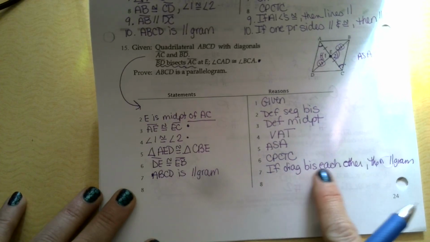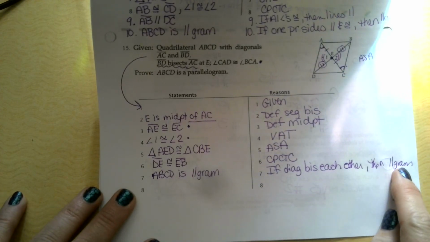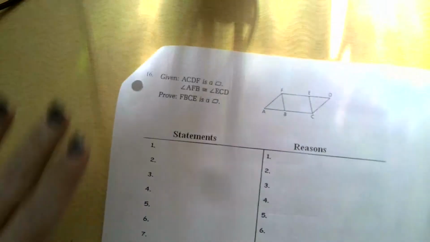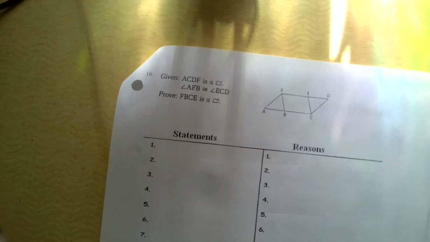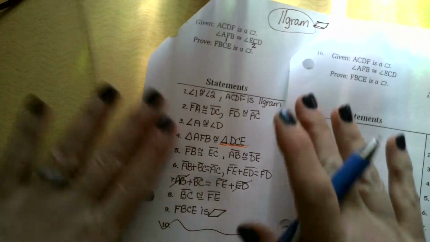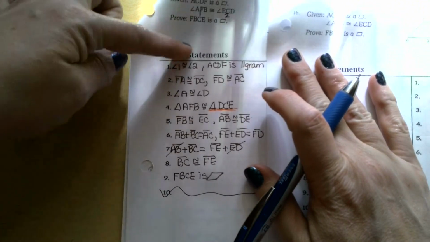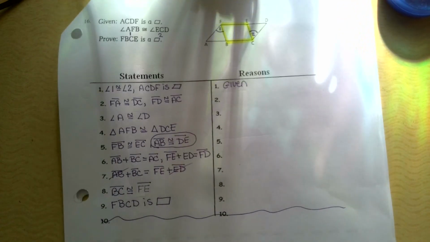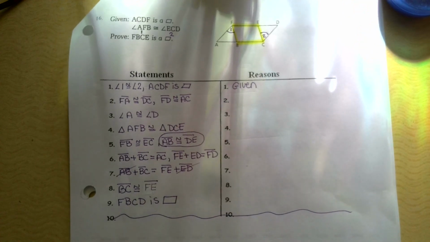If diagonals bisect each other, then we have a parallelogram. All right, hopefully this is all making sense to you. All right, I want you to pause the video and write this down. All right, this is what I asked you to write down. So now let's do this proof together.